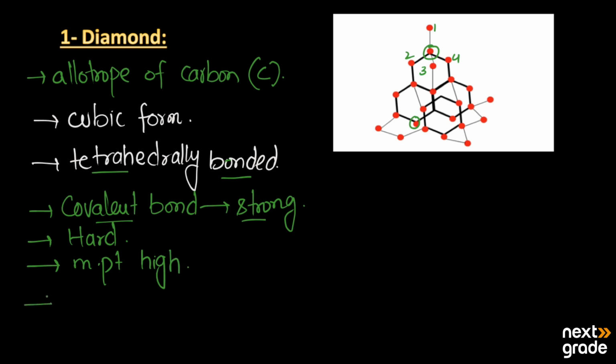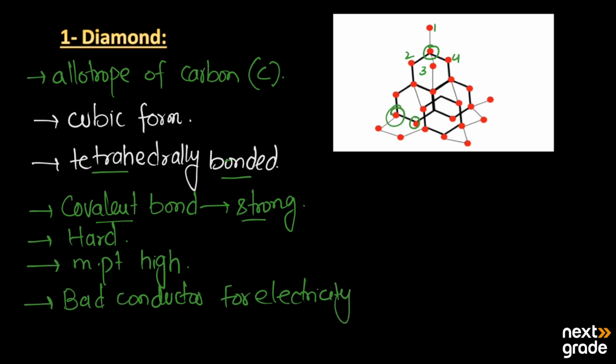On the other hand, diamond is a bad conductor of electricity. Why is it a bad conductor? Because all the carbon atoms are bonded. There are no free electrons that may be used for conduction, and they are tightly held to each other. So these are the properties of diamond.